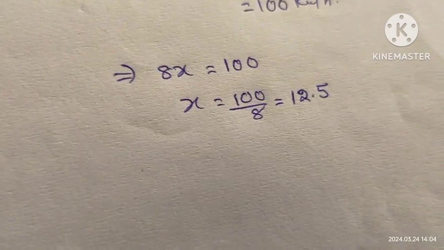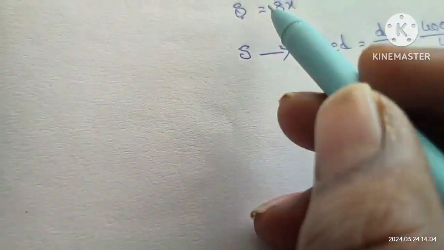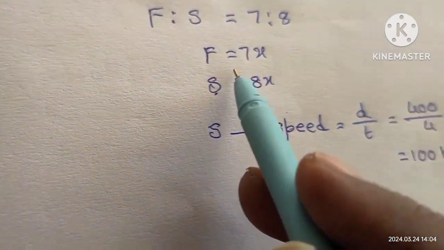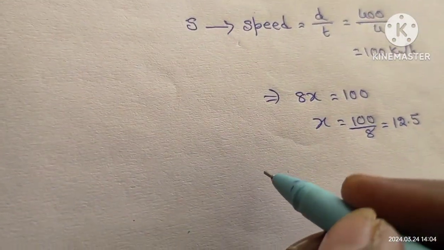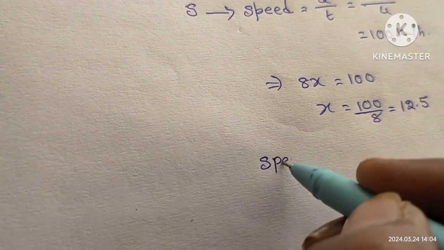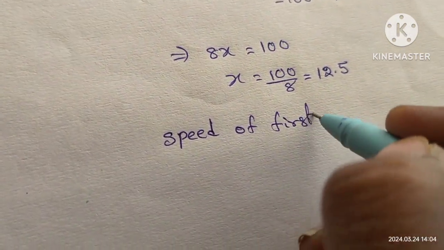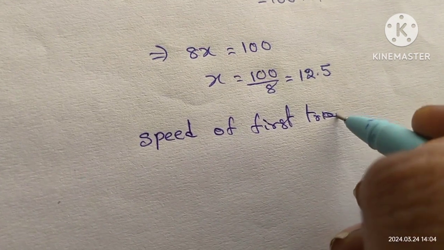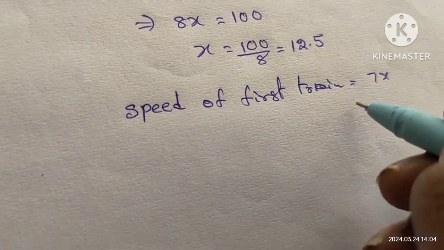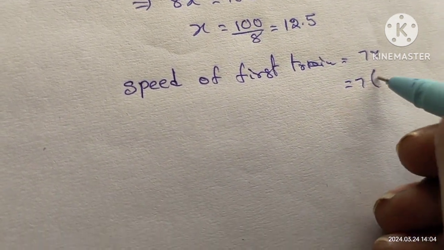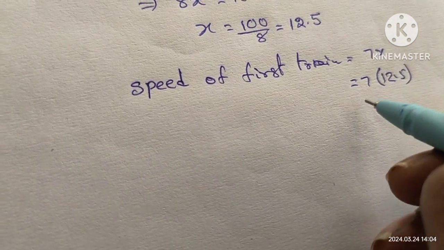Now they are asking the speed of the first train. Speed of first train means 7x. So speed of first train is equal to 7x, which is 7 into 12.5.